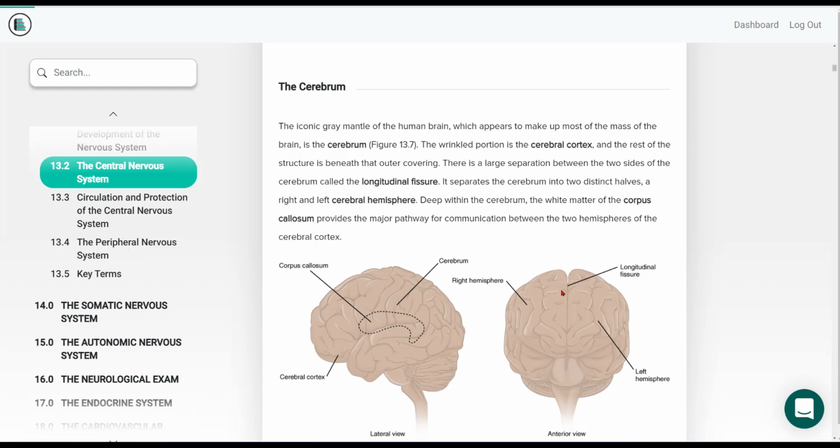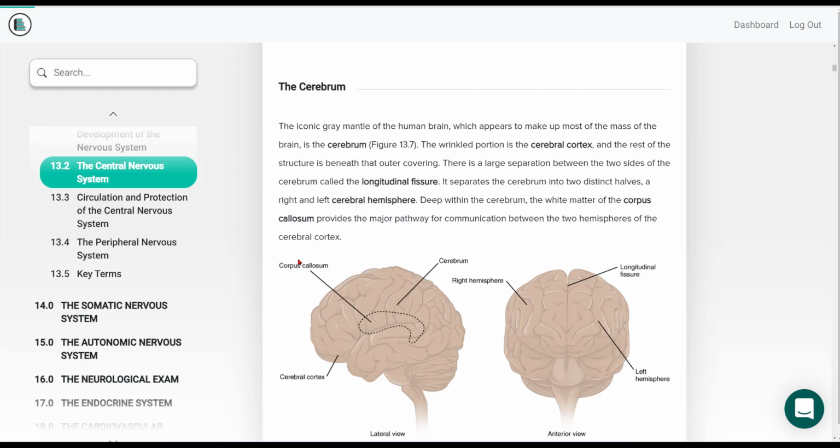If we go deep into the brain, we will see that there's an area of white matter that connects the left and right hemispheres together. It is outlined here, but this would only be visible if you had a mid-sagittal cut, and this big structure that connects the halves of the brain is called the corpus callosum. I always remember the colossal structure.